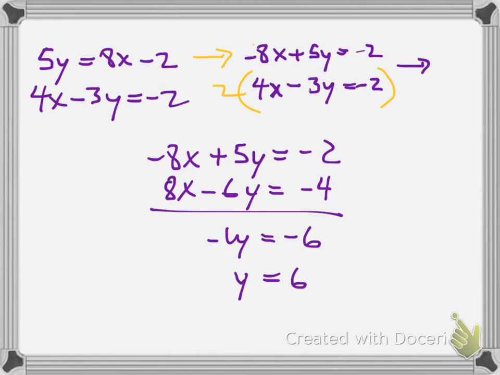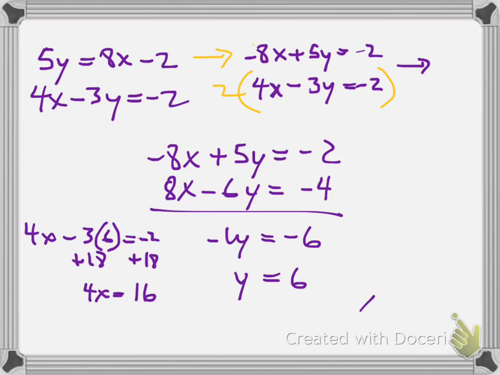So if we use the second equation here, we would have 4x minus 3 times y equals negative 2. That's negative 18, so add 18 to both sides. We get 4x equals 16, x equals 4. You can plug that in to make sure that it works. And it does. So 4, 6 is the solution to this system of equations.